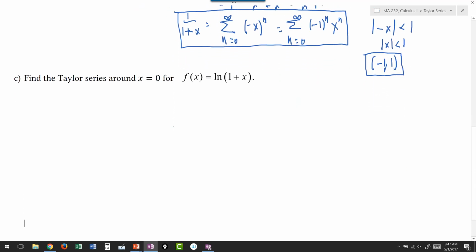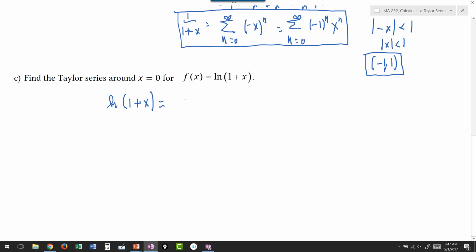Now that we've done 1 over 1 plus x, we can actually do one that at first looks kind of unrelated, and that's the series for the natural log of 1 plus x. So here's another example of how, if we're clever about it, we can save ourselves a lot of work.